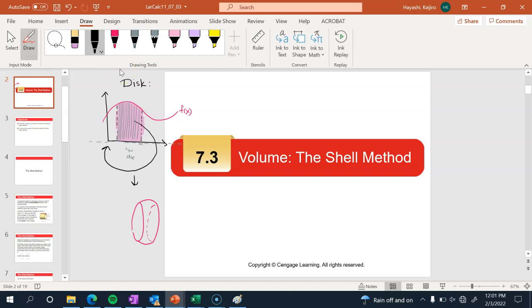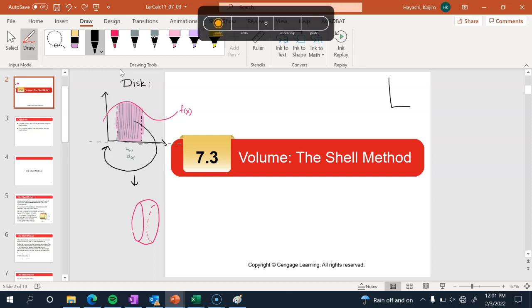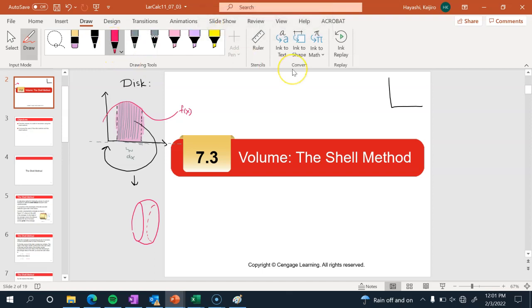So if we take, for example, this region, and it's going to be a vastly simplified version, and try to rotate it out, it's going to make this sort of weird double cone kind of thing.